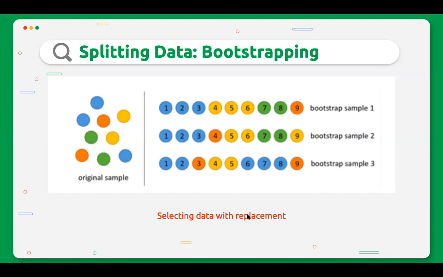And how we do that is we sample with replacement. Even though we've chosen 3 blue already here, we can still select more blue because when we're sampling, we add whatever sample we took out back into our data. And that's how we create a large combination of data for each tree.